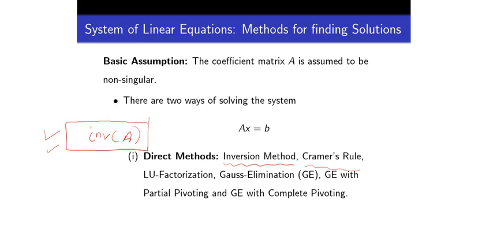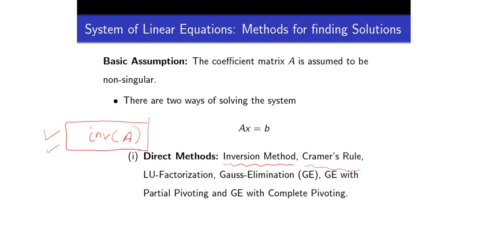Maybe you are also familiar with Gauss elimination and Gauss elimination with pivoting strategies. So we will come one by one, which one is better in what situations, and how to adopt the appropriate method for the given system.